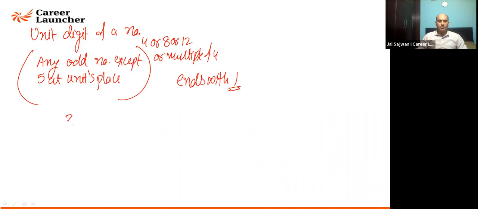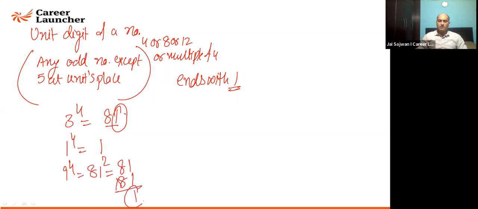Let me give you the example. 3 to the power 4 is 81. This ends with 1. 1 to the power of 4 is 1. 9 to the power 4, 9 square is 81, 81 into 81, unit digit is coming out to be 1.